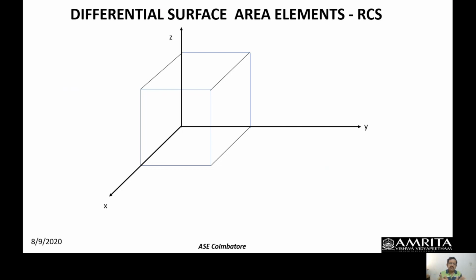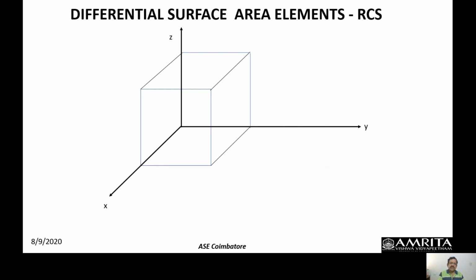These field lines flow out of surfaces, and if I want to calculate the flux flowing out of a surface, I will have to bring in the concept of the surface integral, which is a double integral, and I need to take the appropriate surface area element into play.